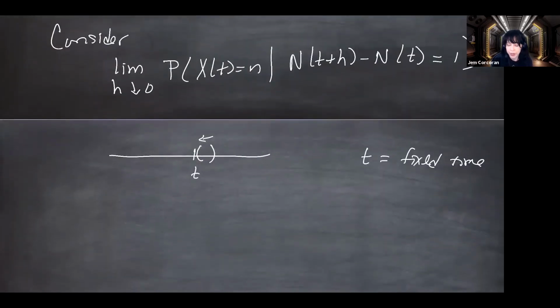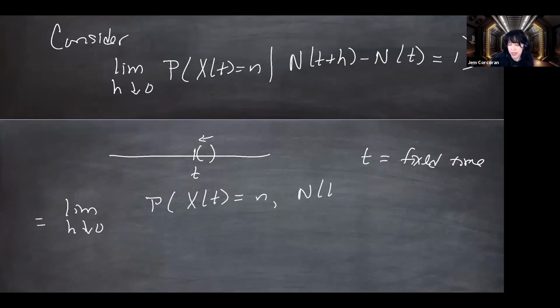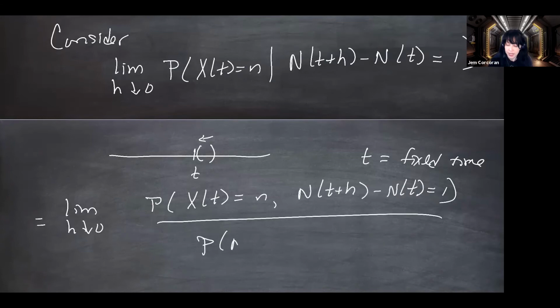So if we write out this conditional probability, just using the definition, we'll get the probability that x of t equals n and N(t+h) minus N(t) is 1, over the probability that N(t+h) minus N(t) is 1.